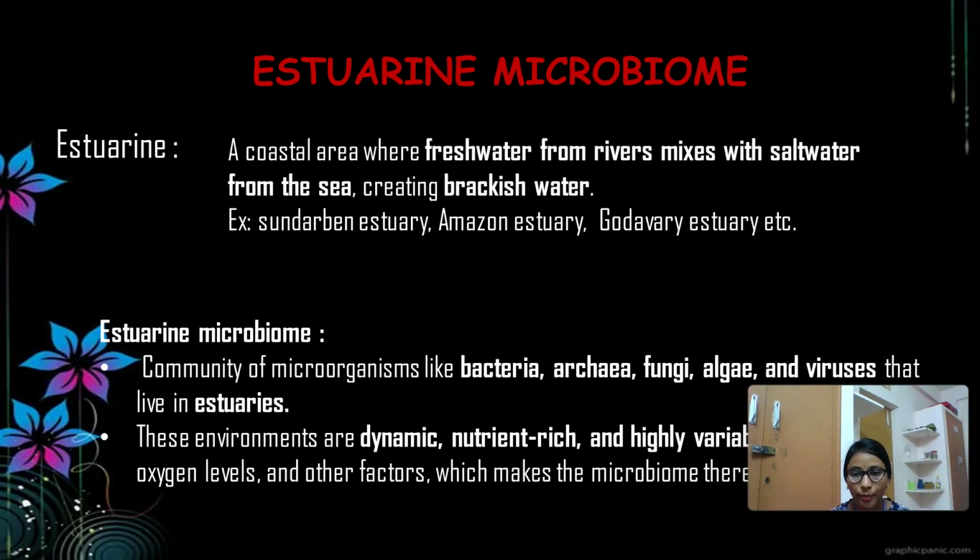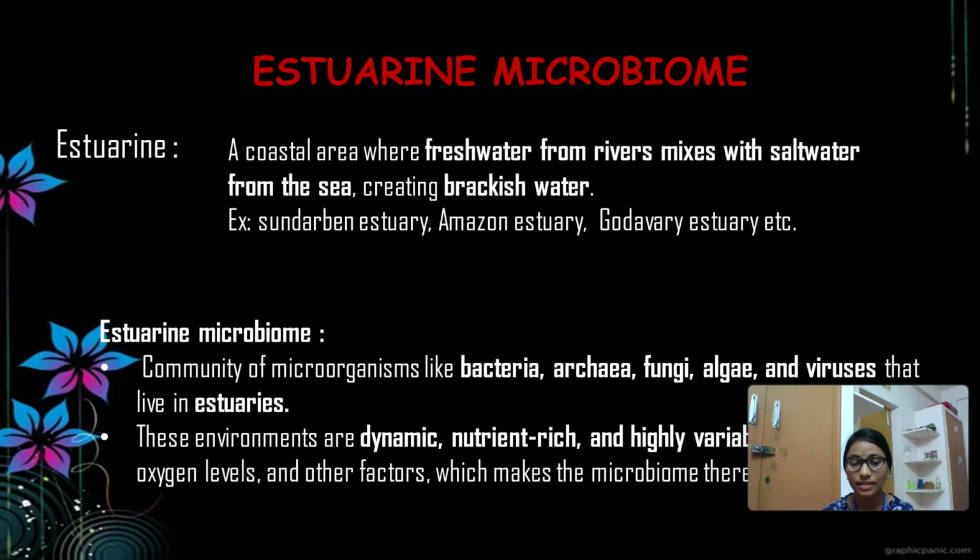Estuarine microbiome: the community of microorganisms which lives in estuaries is called the estuarine microbiome. They usually include bacteria, archaea, fungi, algae, and viruses, etc., living in the estuaries. These environments are dynamic, nutrient rich, and highly variable, and many other factors are also present.